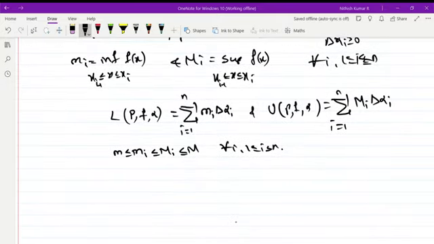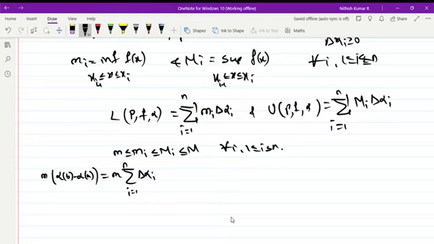You can also observe that m into alpha of b minus alpha of a is nothing but m into the summation of delta alpha i, i equal to 1 to n. In the previous part it was delta xi. So it is m into delta alpha i. Now again m is less than or equal to mi, so it is less than or equal to the summation i equal to 1 to n of mi into delta alpha i.